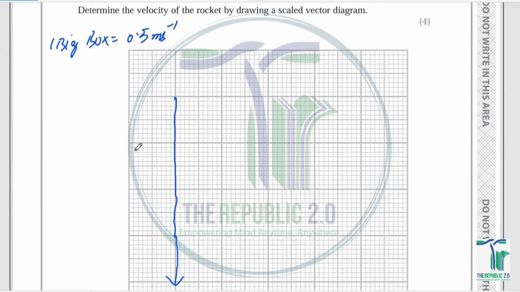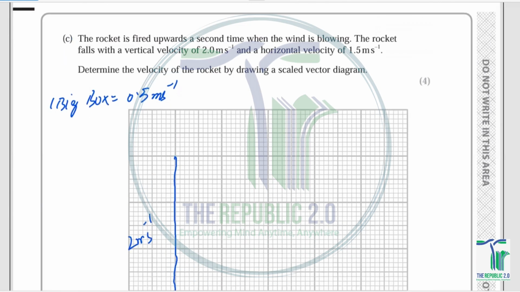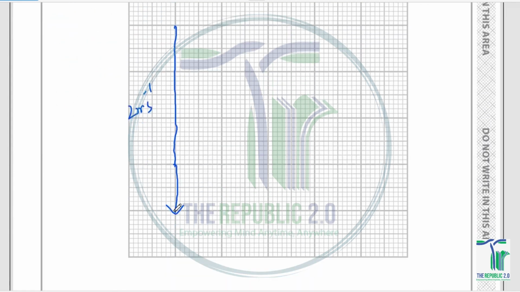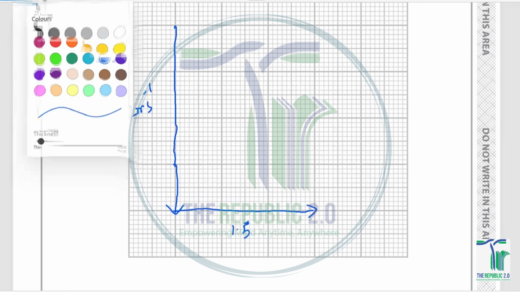So that is the downward velocity, which would be 2 meters per second. And then after this, you've got 1.5 meters per second. 1.5 would be somewhere over here. This is 1.5. And now this is going to be the resultant vector.